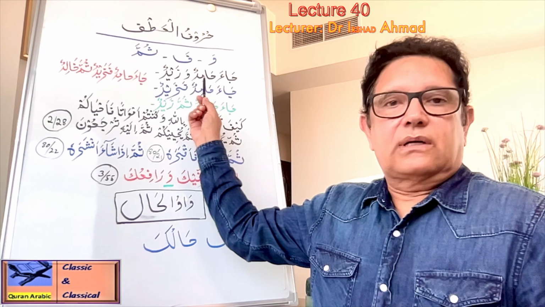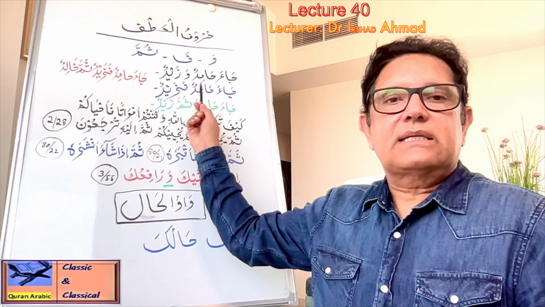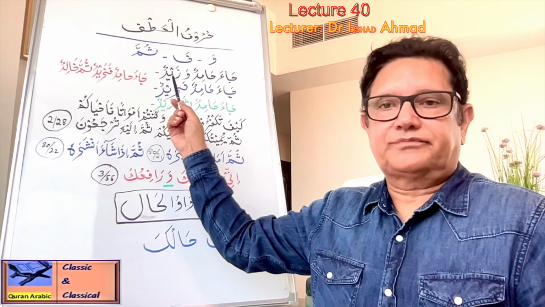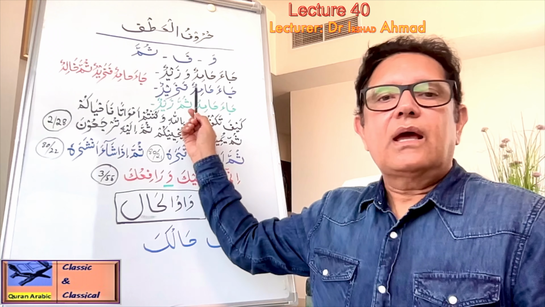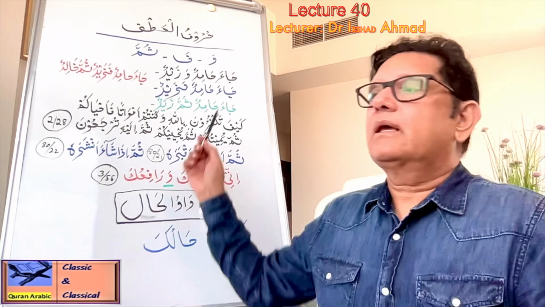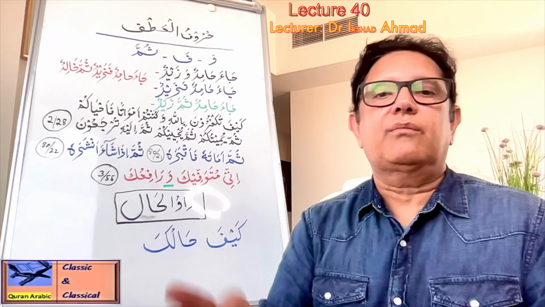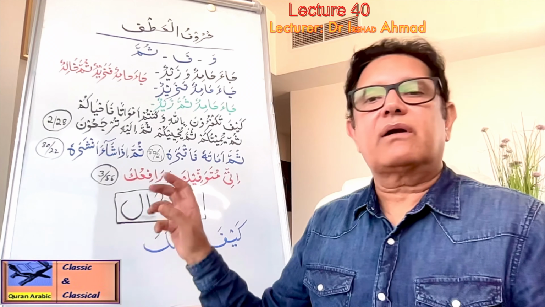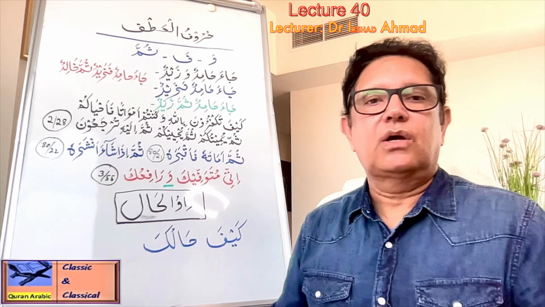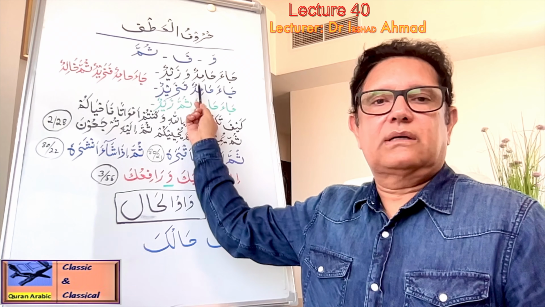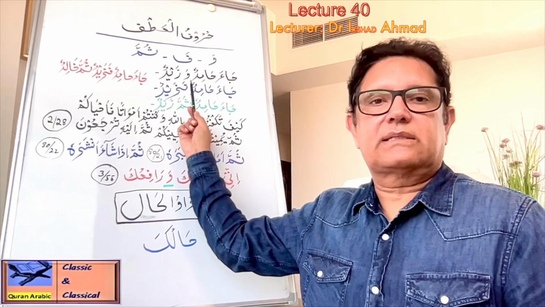It doesn't give order. This does not necessarily mean that Hamid came and then Zaid came. Hamid and Zaid may have come at the same time. Hamid may have come before Zaid, or Zaid may have come before Hamid. So it doesn't really give us an order of events.